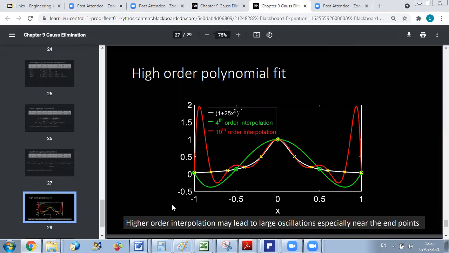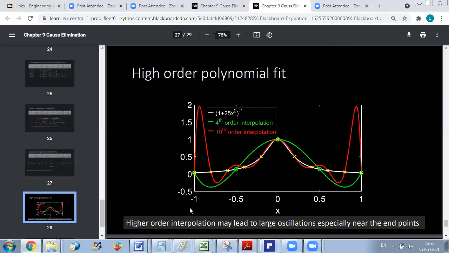This is why we don't recommend using a very high order polynomial fit. If we limit ourselves to fourth order or fifth order interpolation, it would be acceptable. But here is an example of why very high order will not work. It will work very well in certain regions, but in general, high order interpolation can lead to large oscillations, especially near the end points.